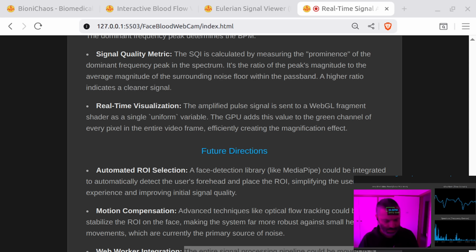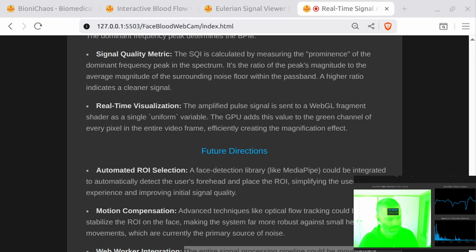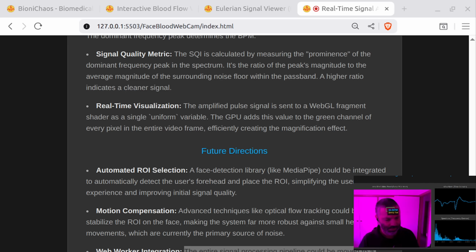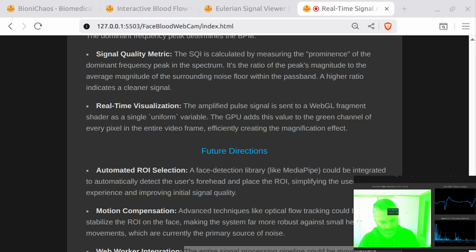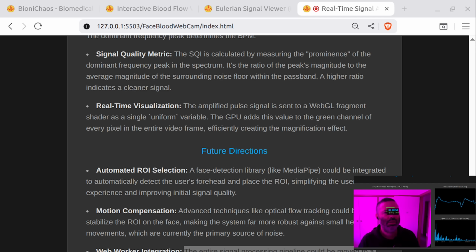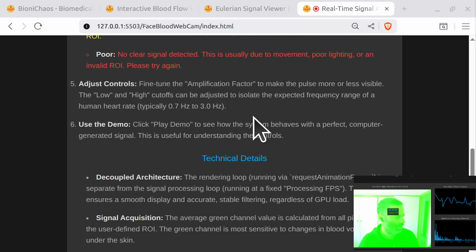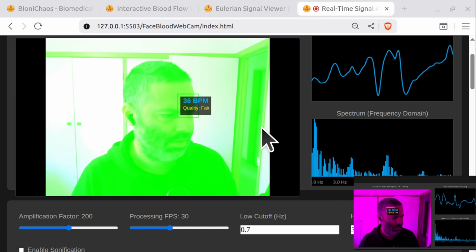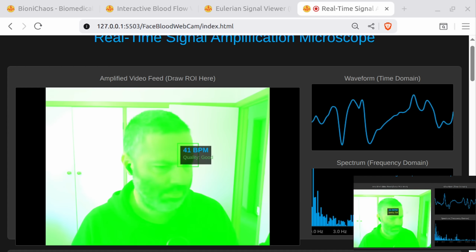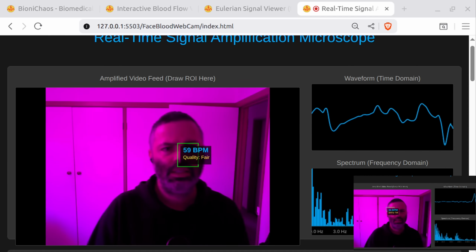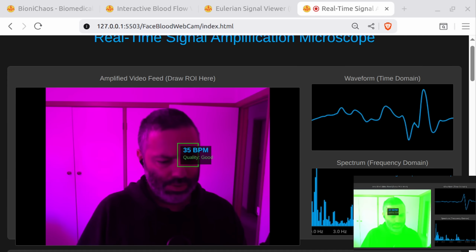But I'm mainly wondering about the amplification. Let's talk to this thing. Currently it's causing trouble.